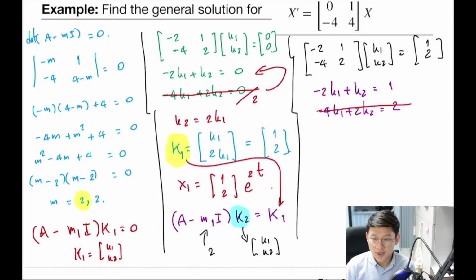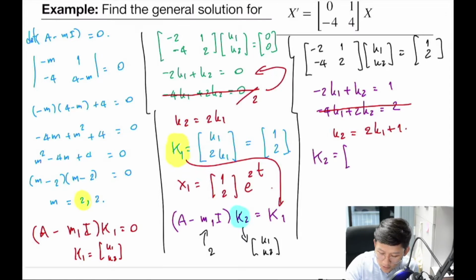Then I can write k2 in terms of k1 again. It will be 2k1 plus 1. So I would have that k2 is actually k1 and 2k1 plus 1. So I substitute k1 with 1, so I get 1 and 3.